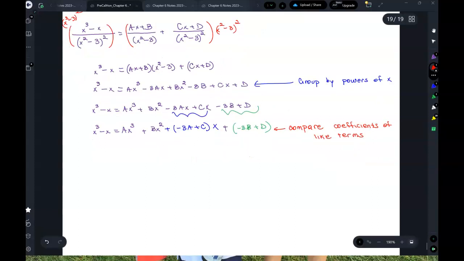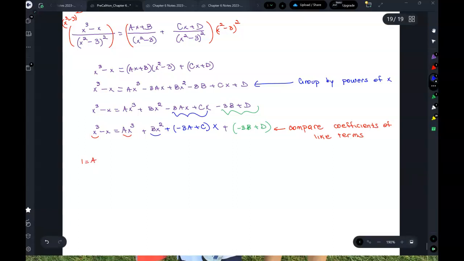So take a look here. This is the x cubed term. What's the coefficient? a. Here, what's the coefficient? 1. If those two are equal, that means their coefficients have to be equal to each other. So I say 1 is equal to a. Now I've solved for a.